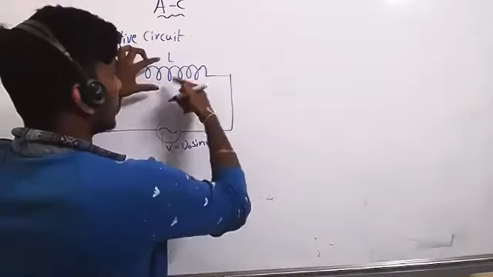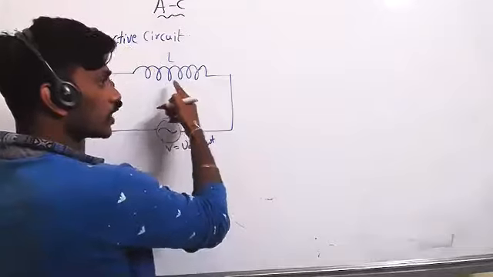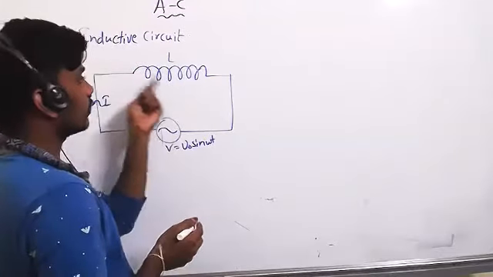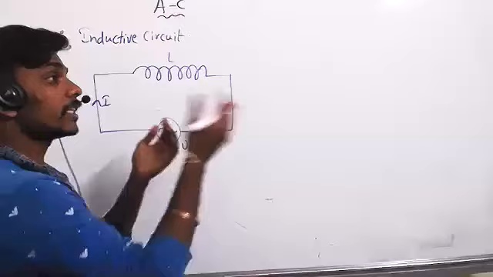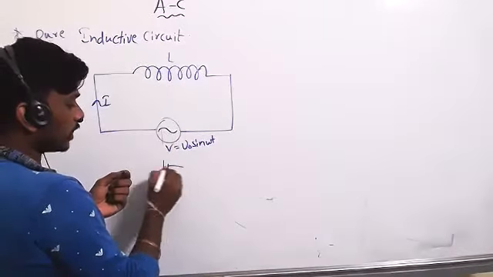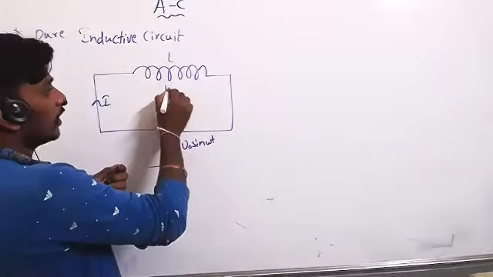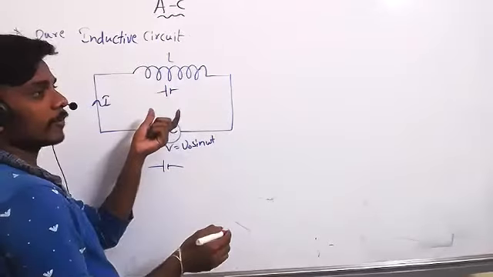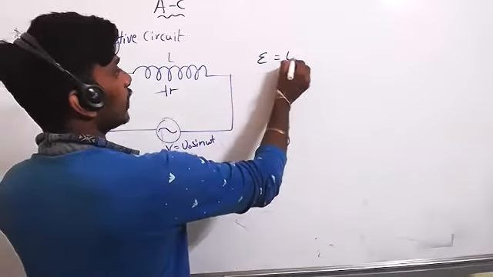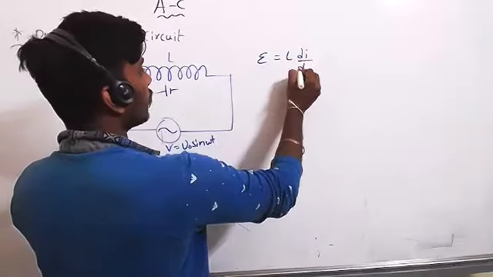When current is passing through it, it creates a magnetic field, right? So opposite force will be there. Opposite current. So if the potential is in this direction, here also in that direction one potential will develop, right? That is induced EMF equal to L di by dt. Did you remember this formula?